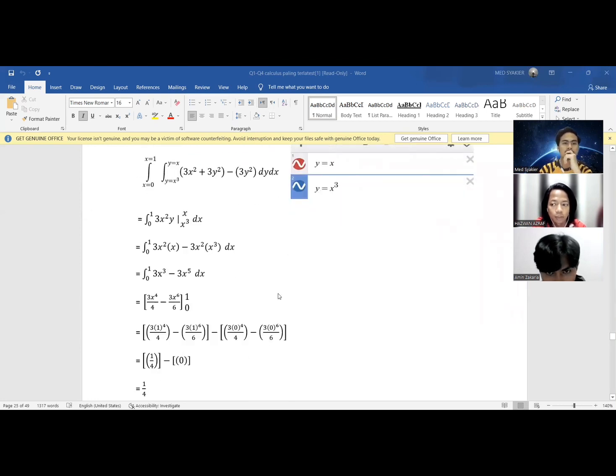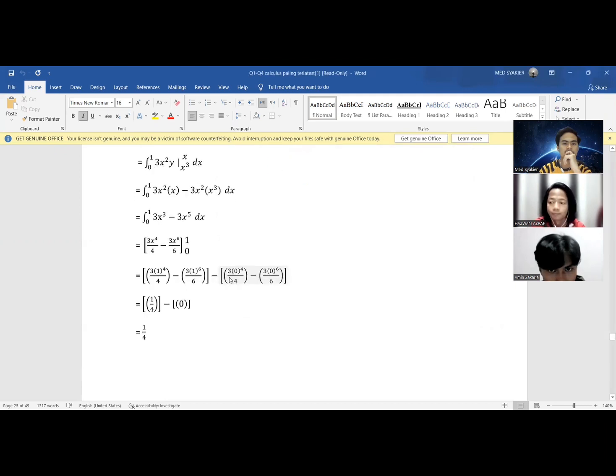Now we do the integral and insert the limits 0 to 1, and we substitute y equal to x. We get 3x cubed minus 3x to the power of 5, dx, and then we substitute the limits and we get the final answer, which is 1 over 4.